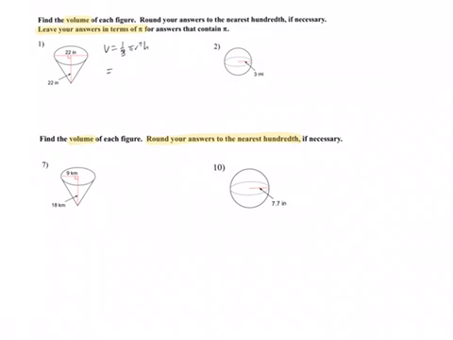So remember, in this case, my r is going to be 11 and my h is going to be 22. It's going to be 1/3 times pi times r squared, which is going to be 121, times 22.